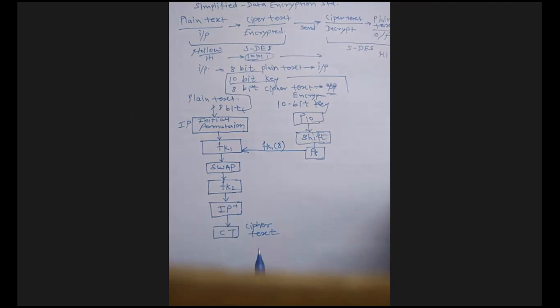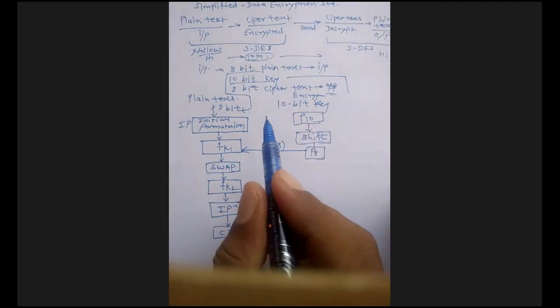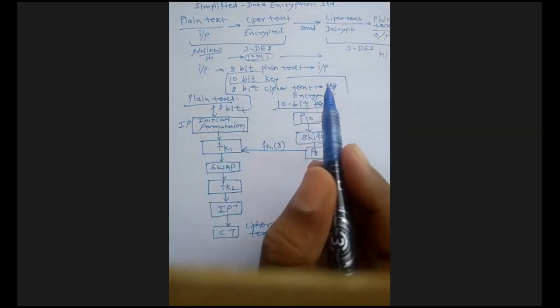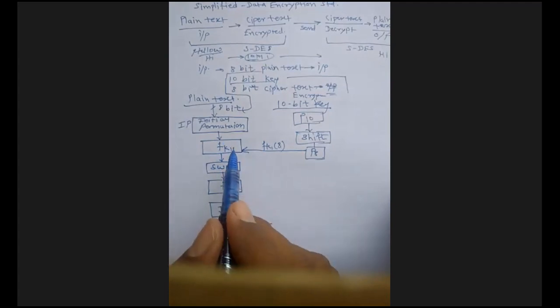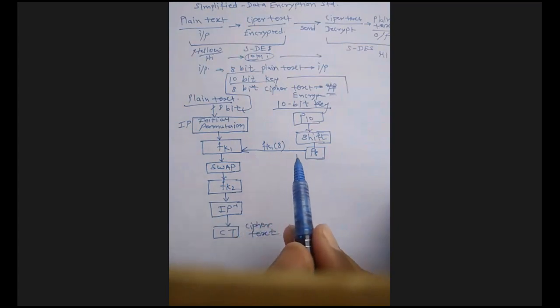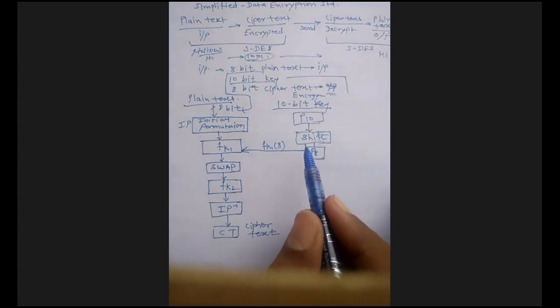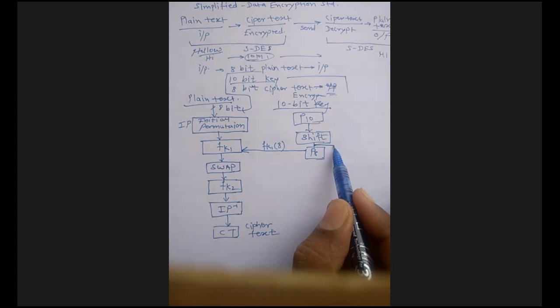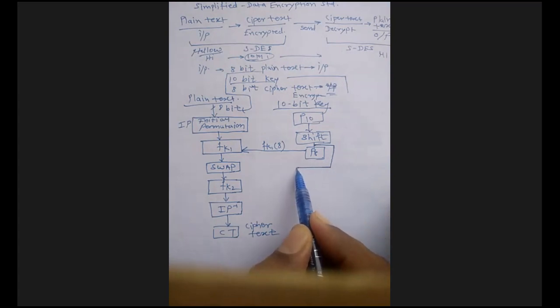How can we generate it? By using the 10-bit key. This is my plain text, and this is my 10-bit key. So why am I using the 10-bit key? To generate this FK1. Got it? Now come to the next. Once I have shifted this, again you have to consider another shift.